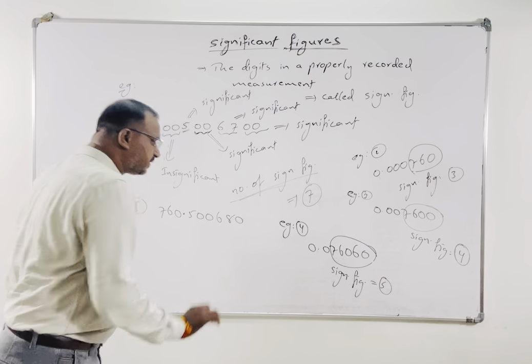If you see this one, this is significant because it is non-zero. This is significant, also non-zero. This is significant because it is zero after non-zero. All digits in this example are significant because there are no zeros before non-zero, whether before the decimal point or after. So the answer is 1, 2, 3, 4, 5, 6, 7, 8, 9.